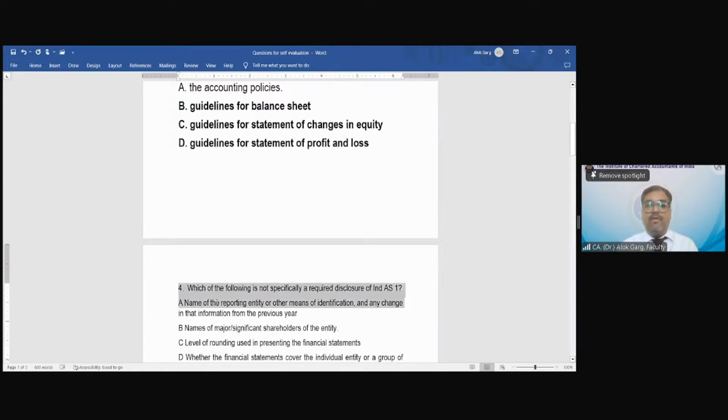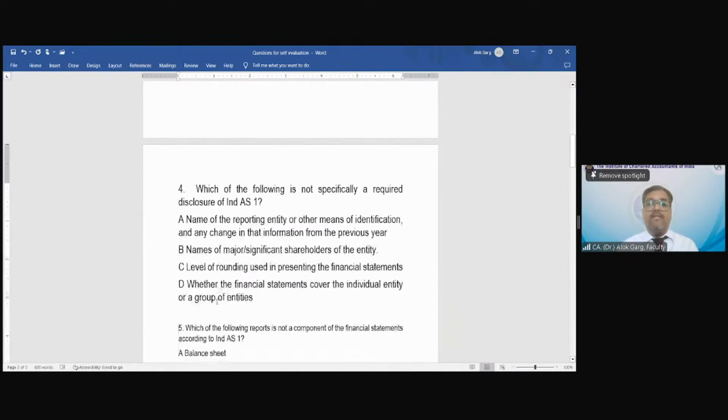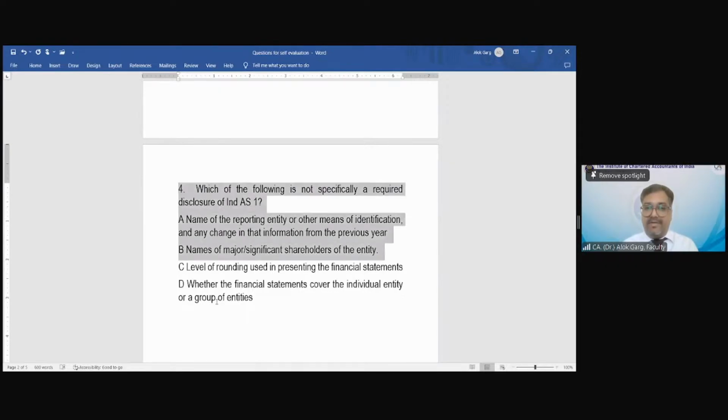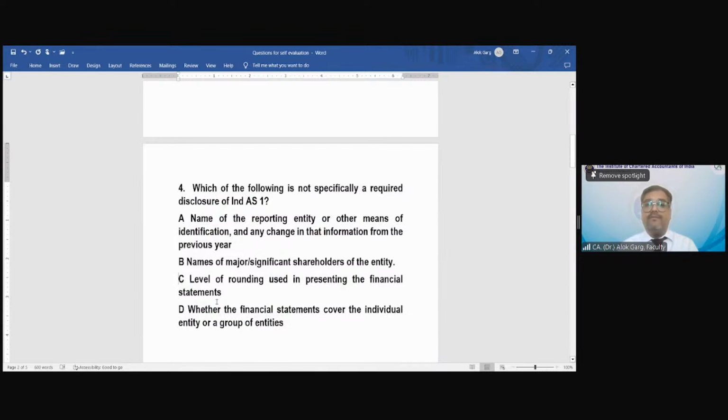Question number 4. Which of the following is not specifically a required disclosure of Ind AS 1? Name of the reporting entity or other means of identification, or any change in name: required. Name of the major or significant shareholder of the entity: required or not required?